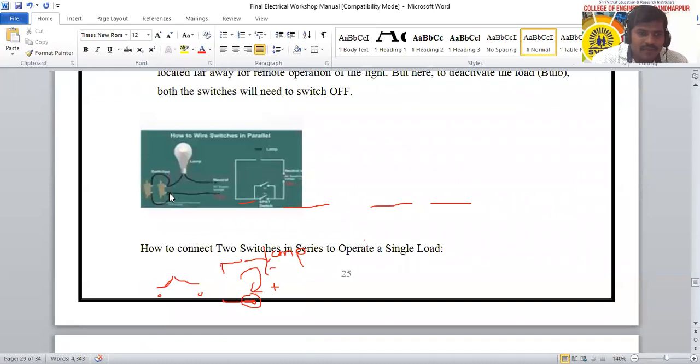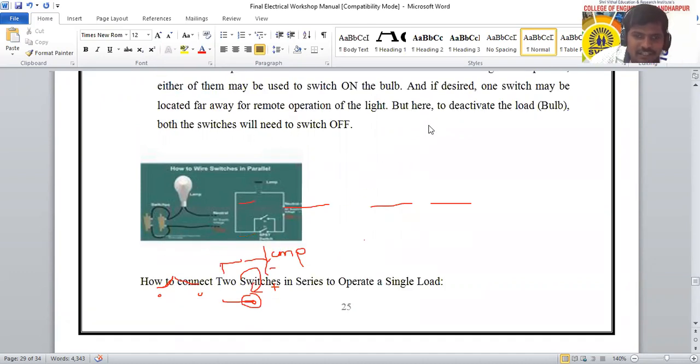Okay, see here, positive terminal, negative terminal. So in this connection, to deactivate the bulb, both switches should be in off position. See, here the positive terminal is connected to one terminal of the switch.